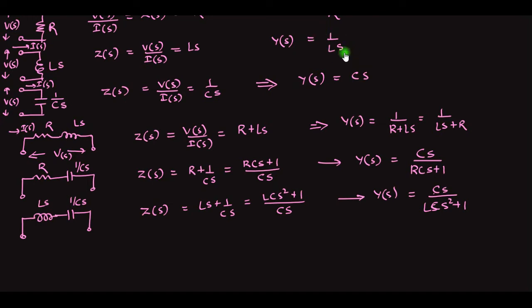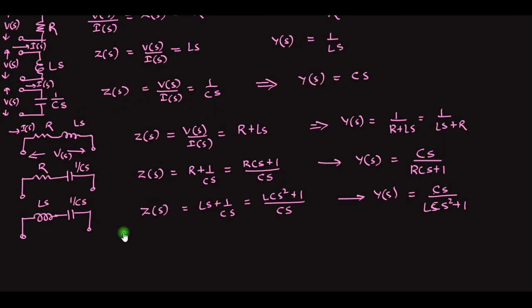That is, if we ever encounter a network function like this, we would get to know that it can only be realized using an inductor. Similarly, if we ever encounter a driving point admittance of something like this, then it would clearly indicate that it can only be realized using a single capacitor.